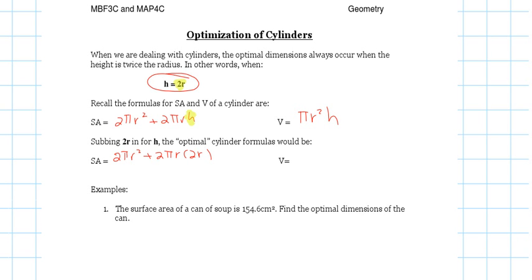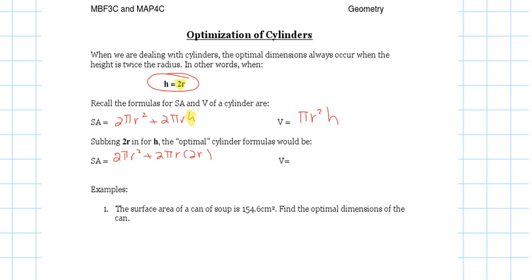That's only when they have the same value, only when we're optimizing. My ultimate goal is to only have surface area and radius in my formula.